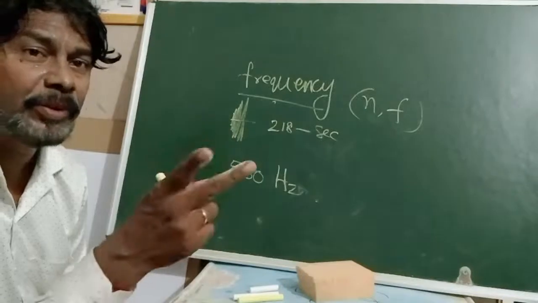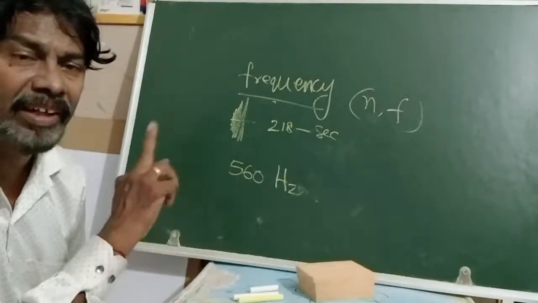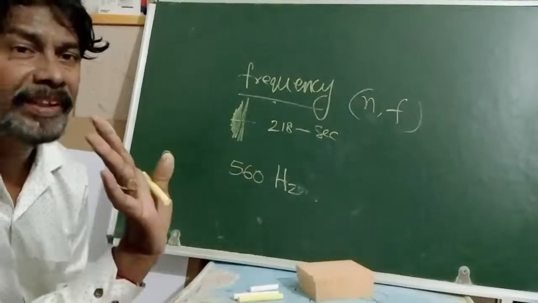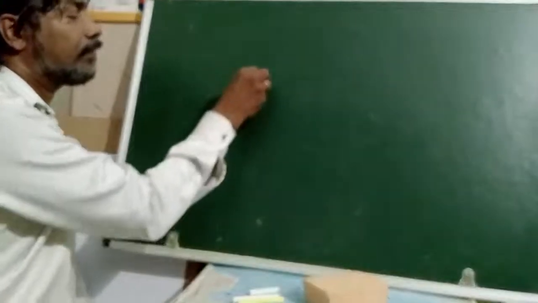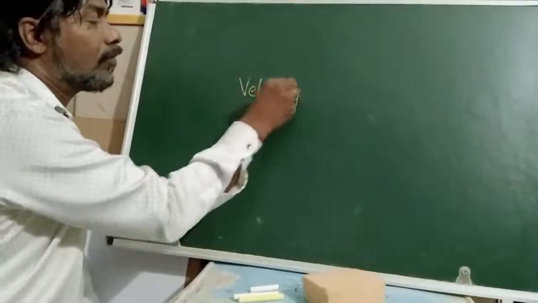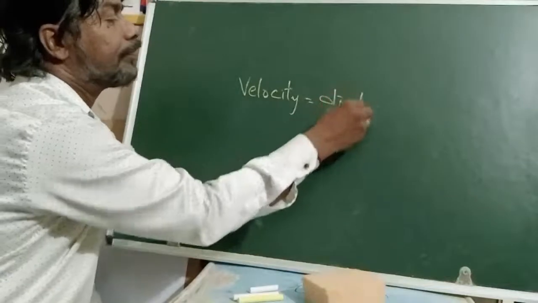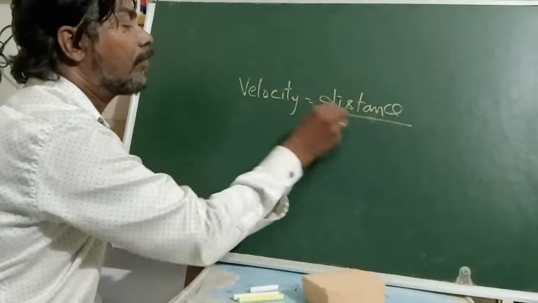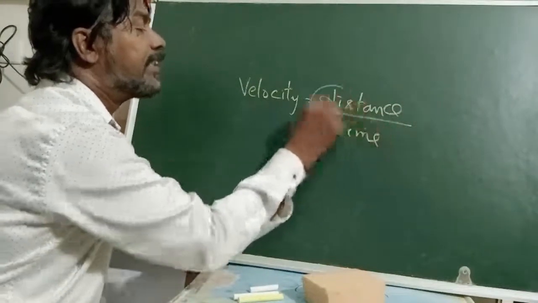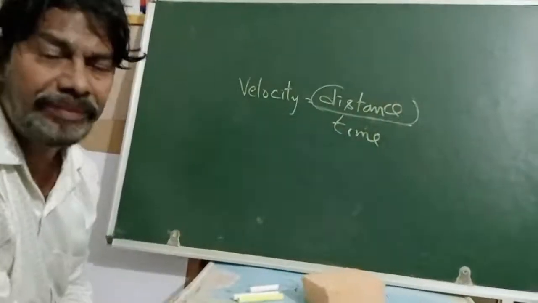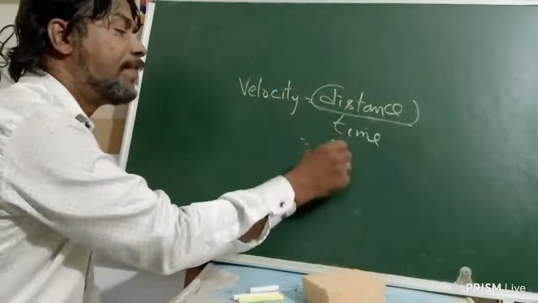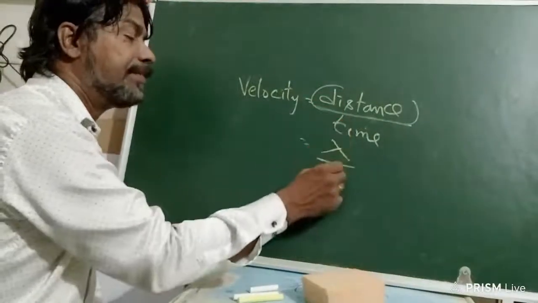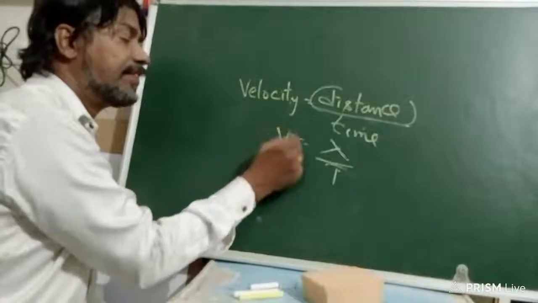The distance between two consecutive crests or troughs is called wavelength. So we know that velocity is equal to distance by time. Here distance means the distance between the two crests, so that is lambda, by time t, velocity v.